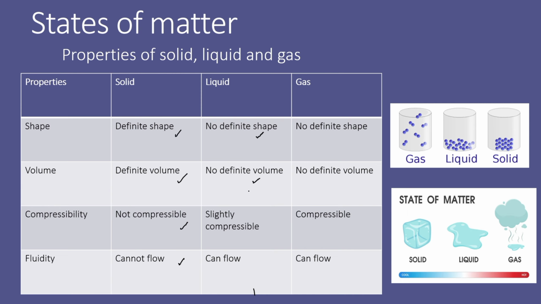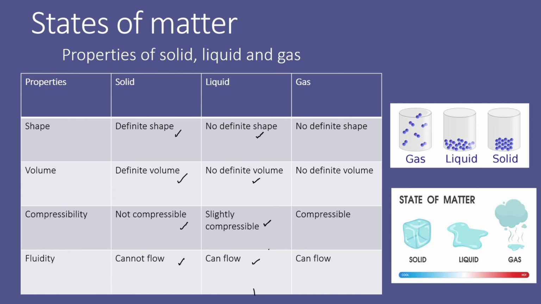As there are very small gaps between the particles, liquids are only slightly compressible, or it's very difficult to compress liquids. Now, as the liquid particles can slide over each other, liquids can flow.